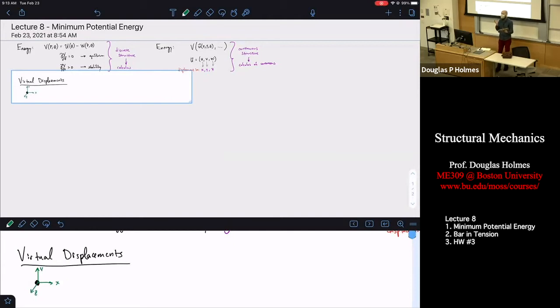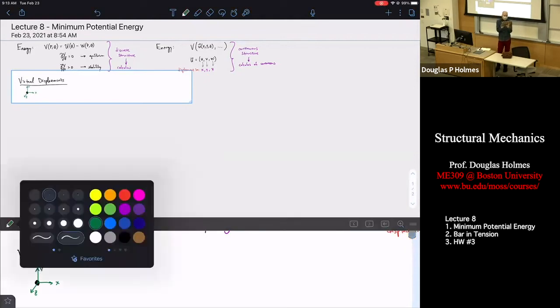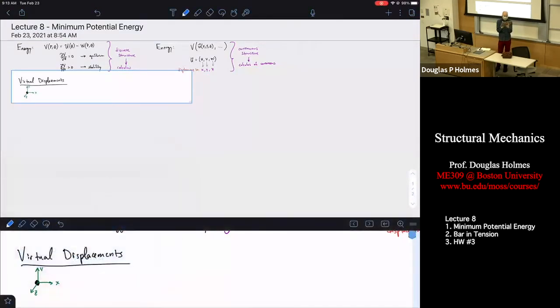We could imagine perturbing that thing and asking it to move in, say, the x direction. Not actually moving in the x direction, but just imagining what would happen if it moves in the x direction. And that would give it a virtual displacement of delta u.